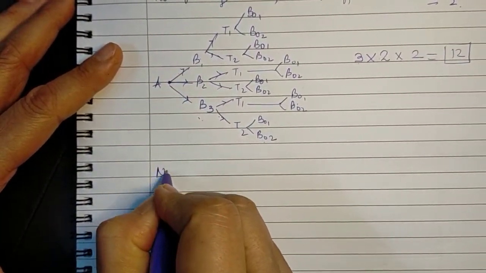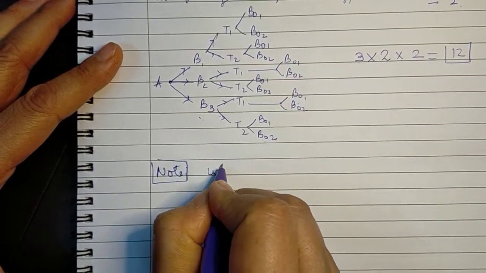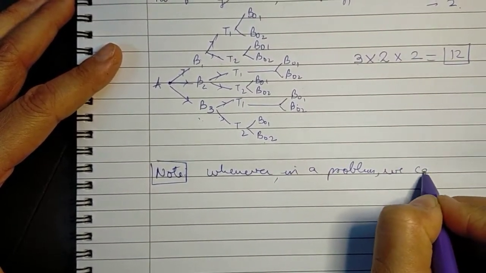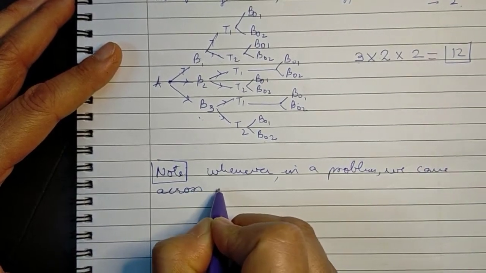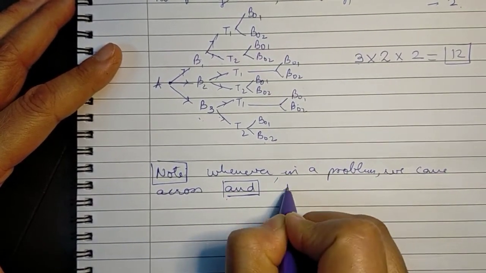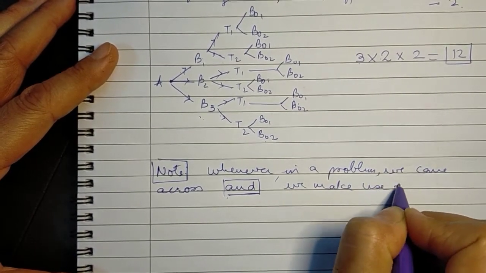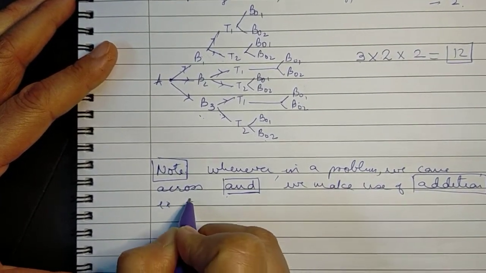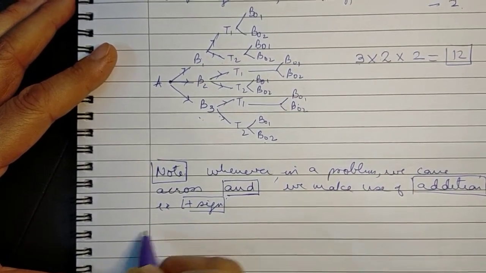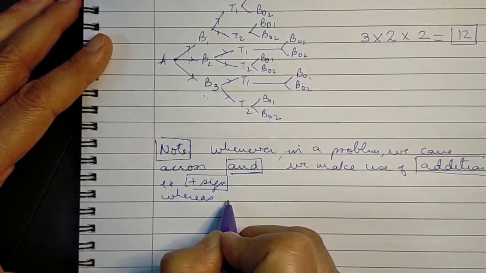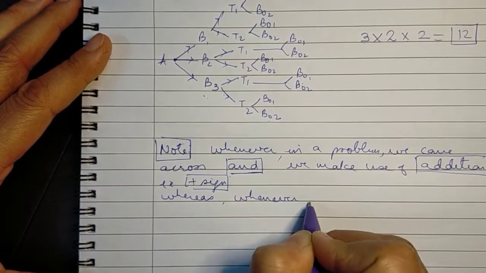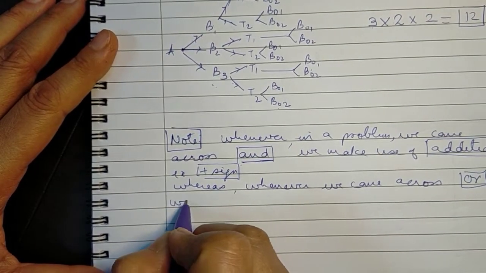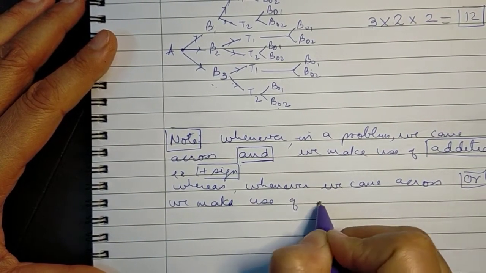Now we have to note a very important thing here: whenever in a problem we come across 'and', we make use of multiplication, that is the product sign.